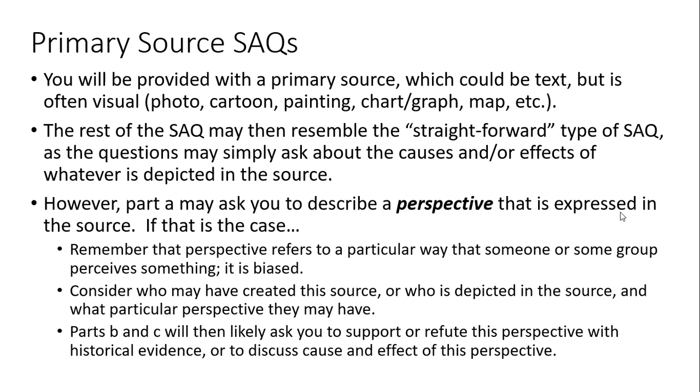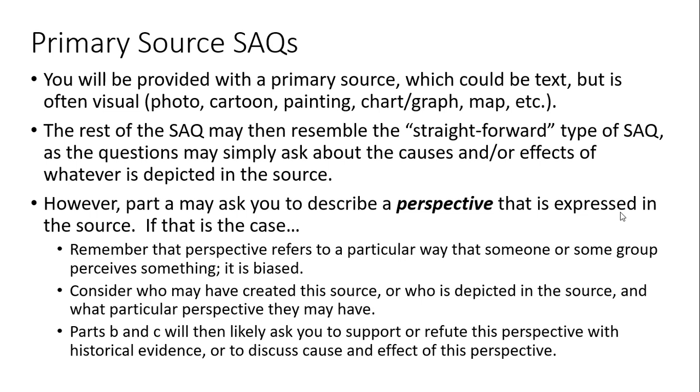Parts B and C will likely ask you to either support that perspective or maybe refute it with historical evidence. So part B might say, briefly explain one specific piece of historical evidence, some development, something that happened in history that would support whatever this person is trying to say, whatever their perspective is.